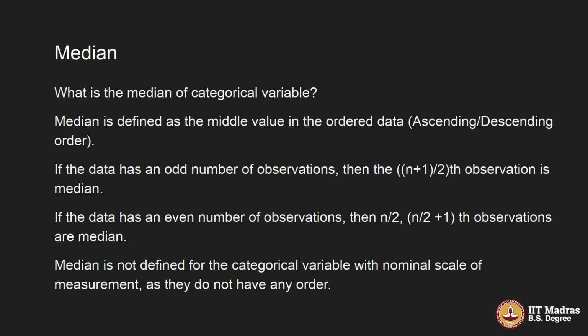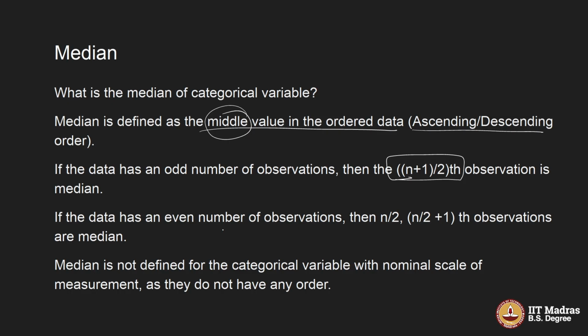Then we have median. It is defined as the middle value in the ordered data. So the process for finding the median is we first order the data in ascending or descending order. Then we find the middle value. If the data has an odd number of observations, then the (n plus 1) by 2th observation is the middle value.